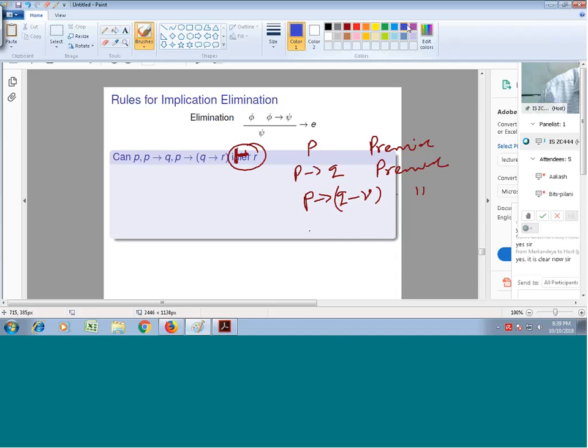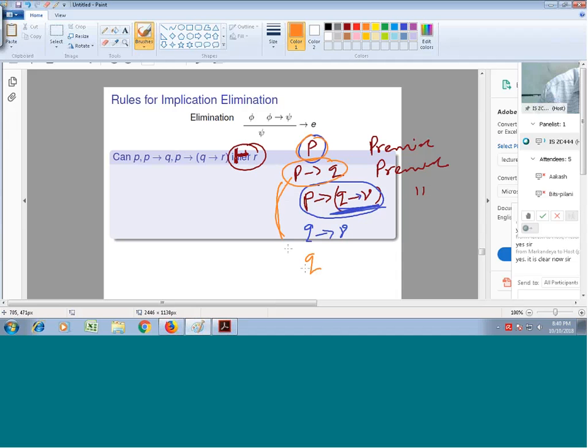Since P is given and P implies Q implies R, it means that Q implies R is available to you. Since P implies Q is there and P is there, it means that Q is available with you.